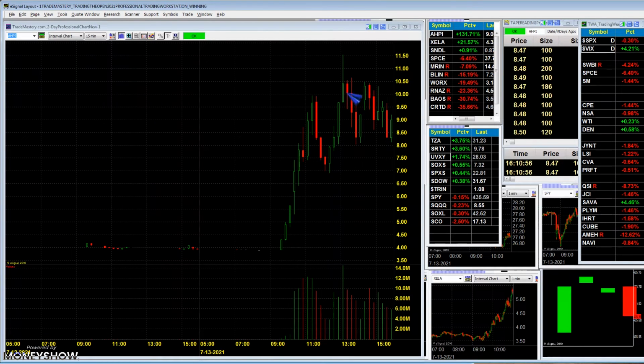When is it going to stop? If you see a topping tail, like a shooting star type pattern, that often tells you it's kind of a bear cup. It tells you if you were to plot out the data points, it would make a bearish cup pattern. And that tells you sellers are coming back in. And sure enough, they did. So oftentimes you'll find pivot patterns of noteworthy trade setups as well.